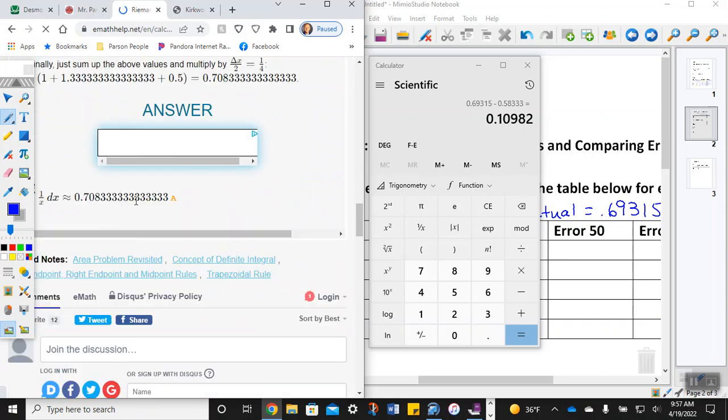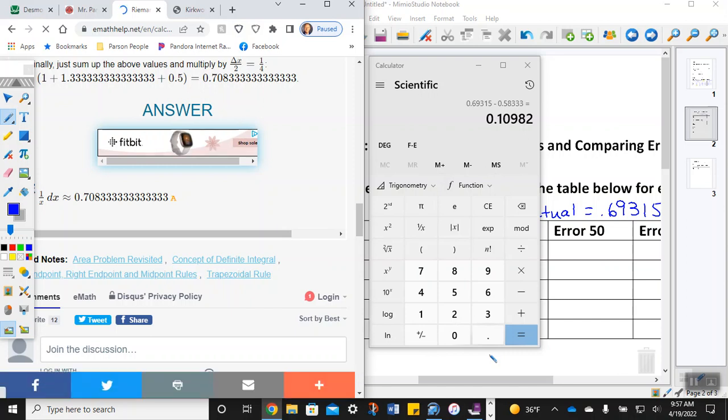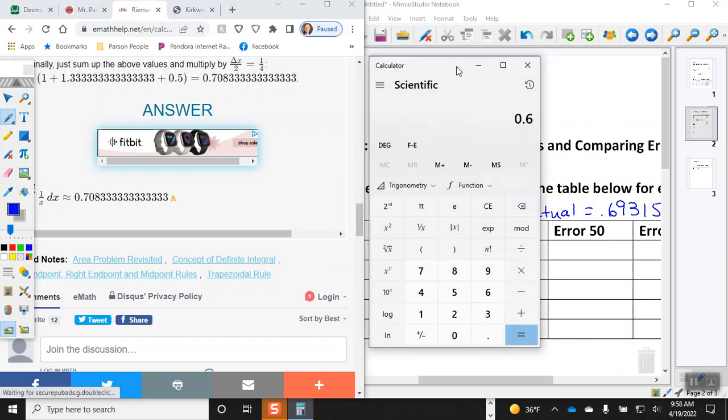So I'm going to go point, what's my number? 69315. What's the error there? 0.70833.